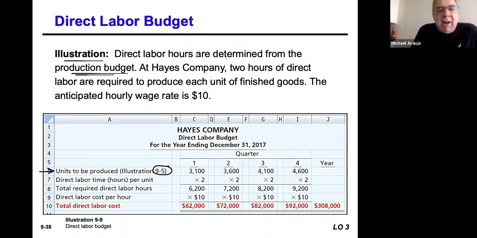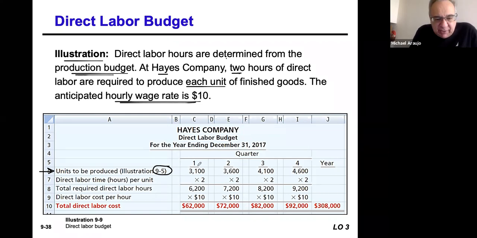At Hayes Company, there are 2 hours of direct labor needed to produce each unit. So for every single unit, which we know from the production budget, it's going to take 2 hours of time. And then the hourly rate will be $10 per hour.